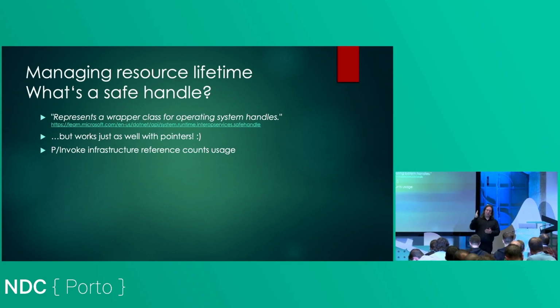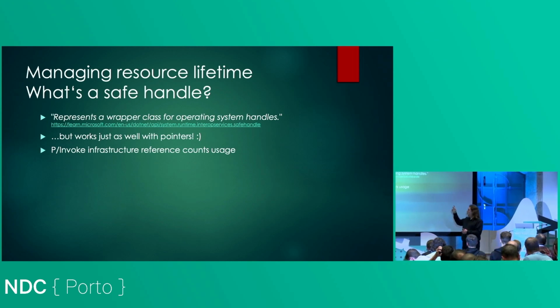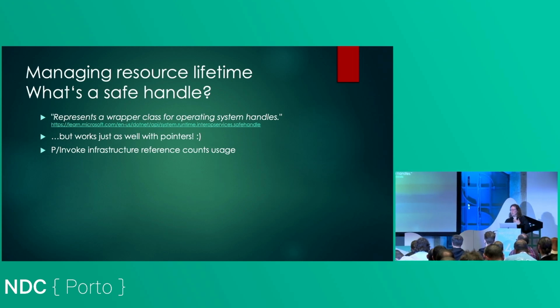Every time you make a call into this native library with this safe handle, it increments a counter, and when it comes back, it decrements, and if there now comes a dispose call or finalize call, it will not actually do this until the reference count is down to 0. It's a very neat feature. And maybe you can guess this, but it's also thread safe.